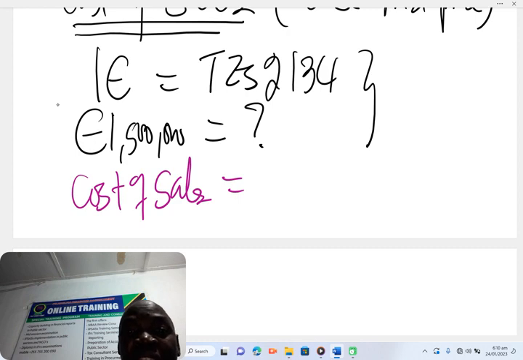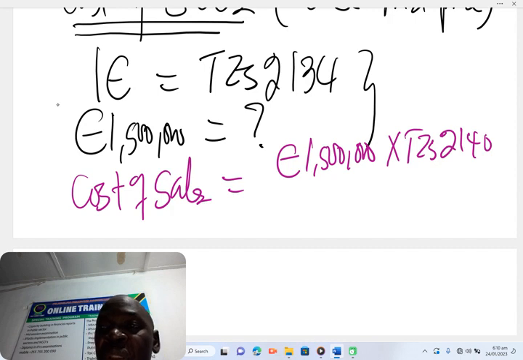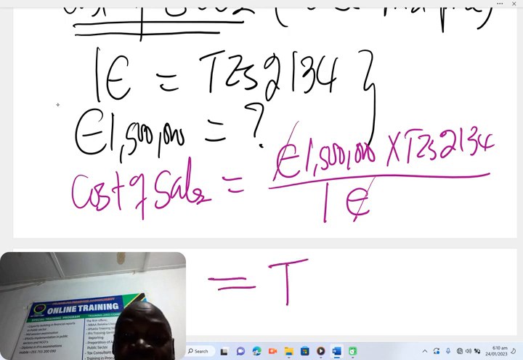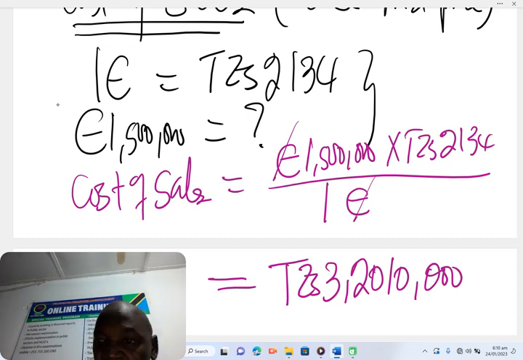So cost of sales is euro 1.5 million times TZS 2134 divided by 1 euro. So this euro and this euro cancel out. So the cost of sales is TZS 3,201 million.